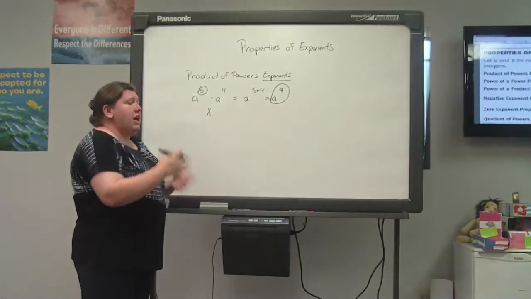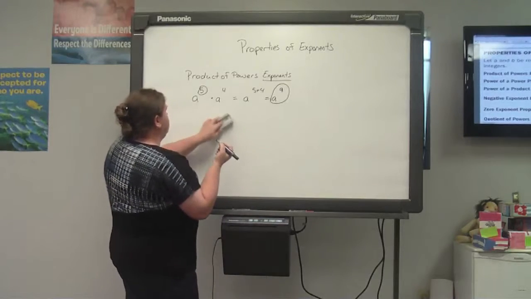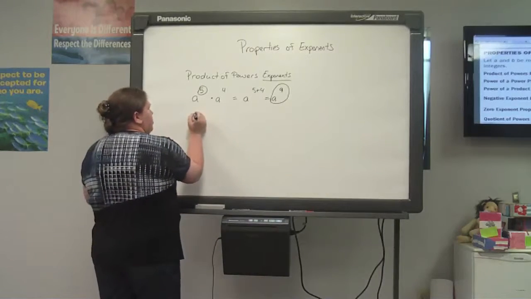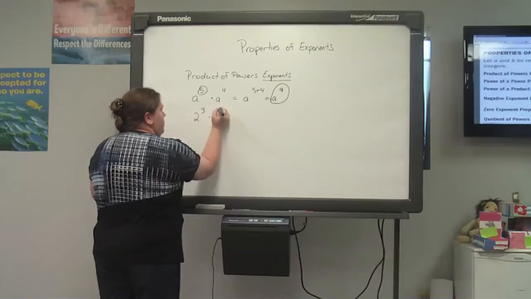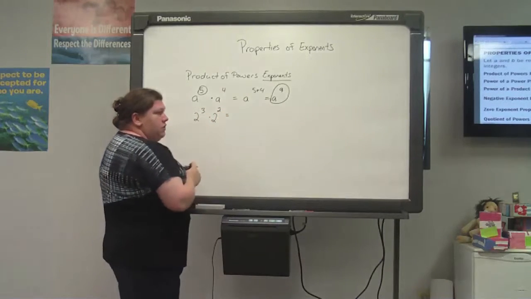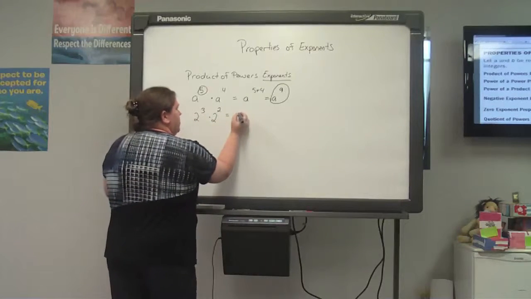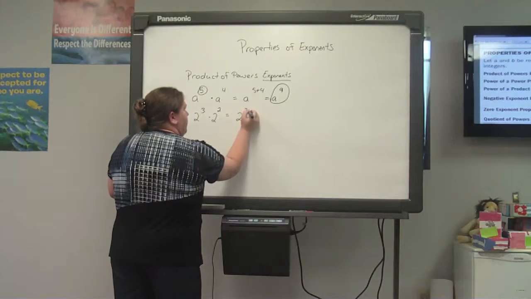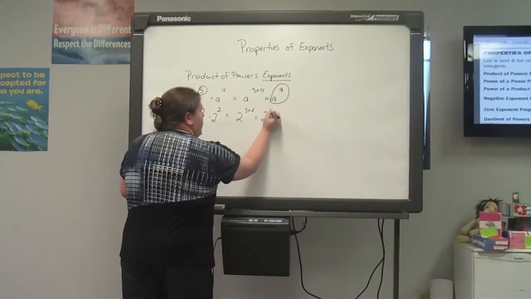If you have a number, say 2 to the 3rd times 2 squared, again we add because of the multiplication symbol. 2 to the 3 plus 2 equals 2 to the 5th.